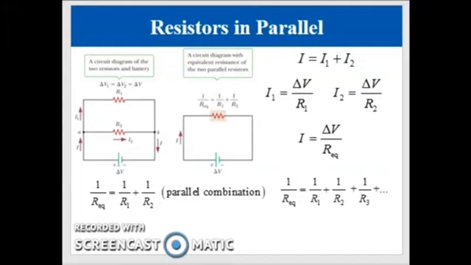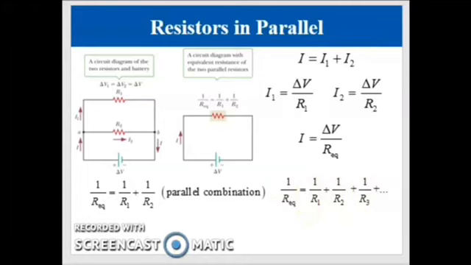By applying Ohm's law to each resistor and to the equivalent resistor, and then canceling out delta V, we will get this relationship to calculate the equivalent resistance. This one applies Ohm's law for I1, this applies Ohm's law for I2, and another applies Ohm's law to the equivalent resistance. Therefore, by canceling delta V, we have 1 over R equivalent equals 1 over R1 plus 1 over R2, and so on and so forth.